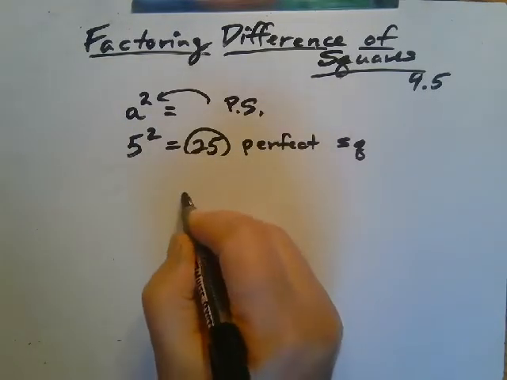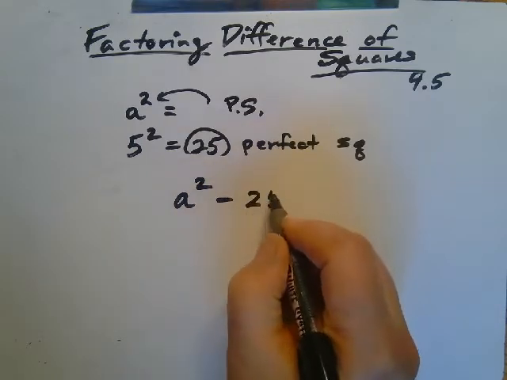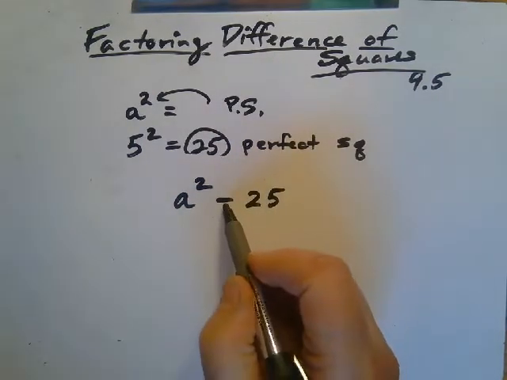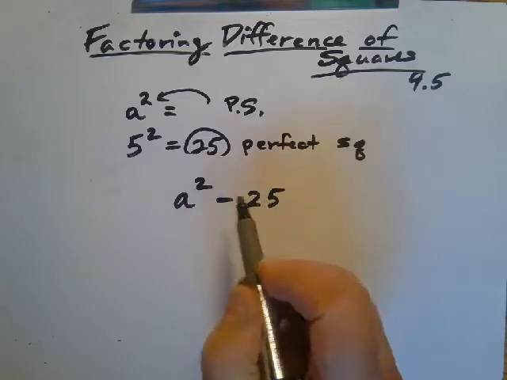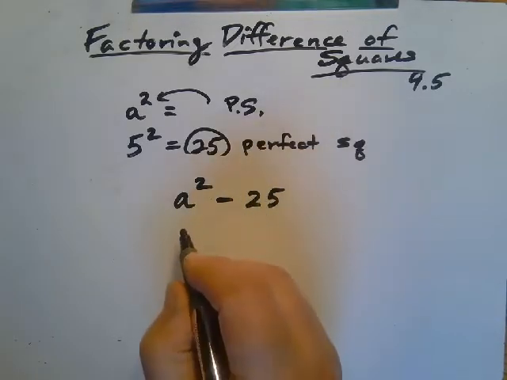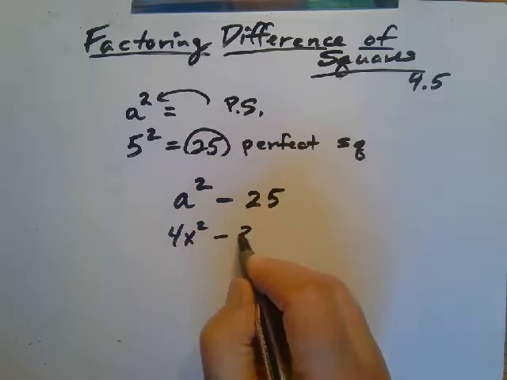So what you're going to find is something like a squared minus 25. This is called the difference of squares. Difference because it's subtraction, and then these are both perfect squares. We could make a bigger list. How about 4x squared minus 36?